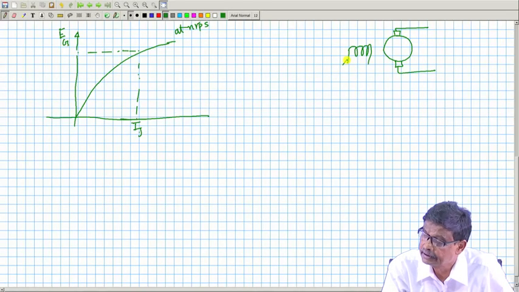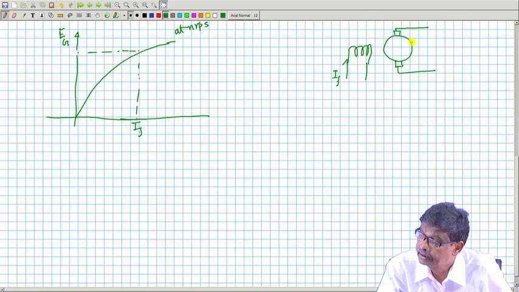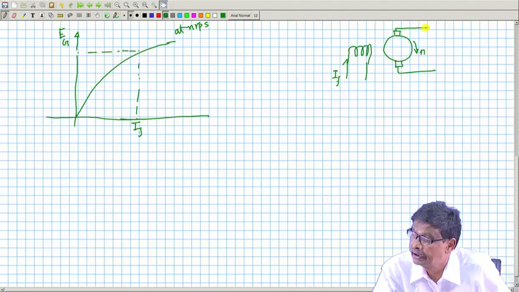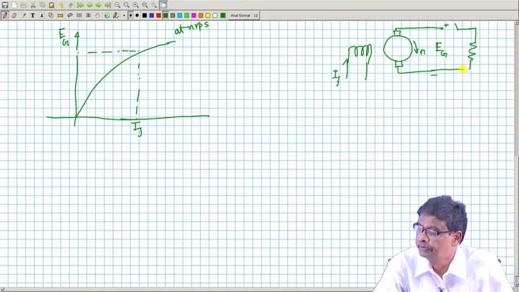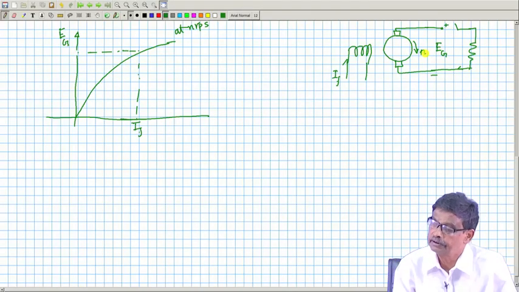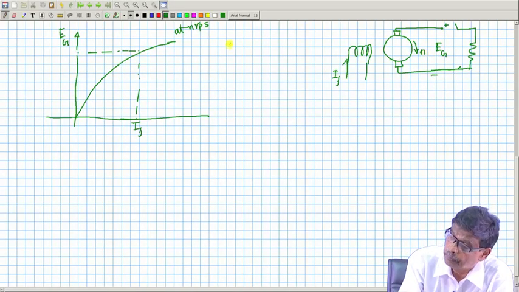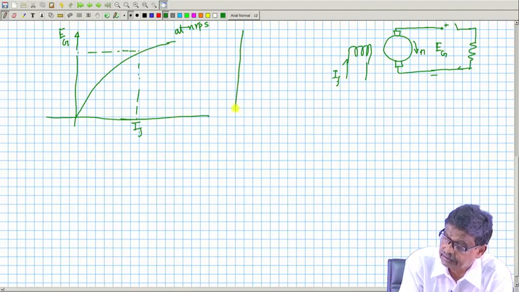So, we are passing an IF here, and the generator is driven at some RPM, n RPS, and here has the induced voltage V or EG, and then you have a switch to use the power, which will be resistive in case of DC supply. So, with S opened, the load characteristic will be like this.